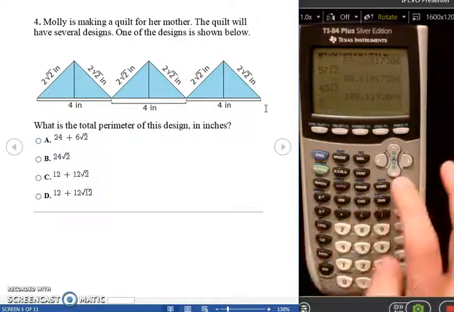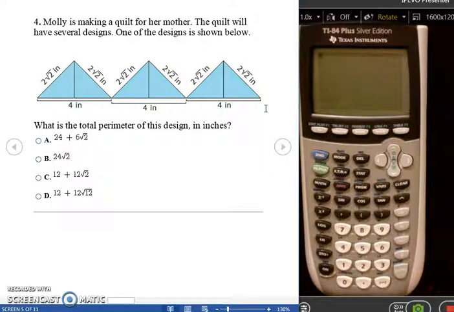So I can use the calculator to go ahead and find that decimal and then just repeat that same process. So I'm going to just add up each of these sides.